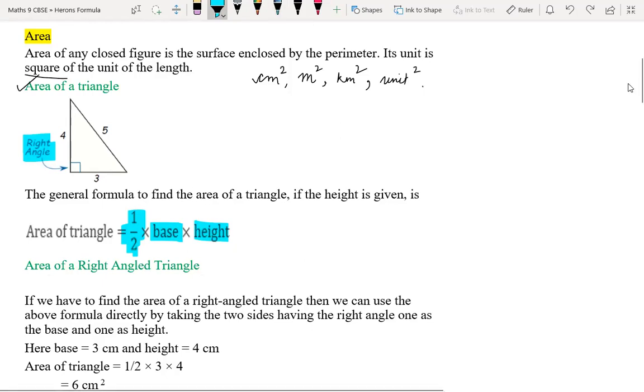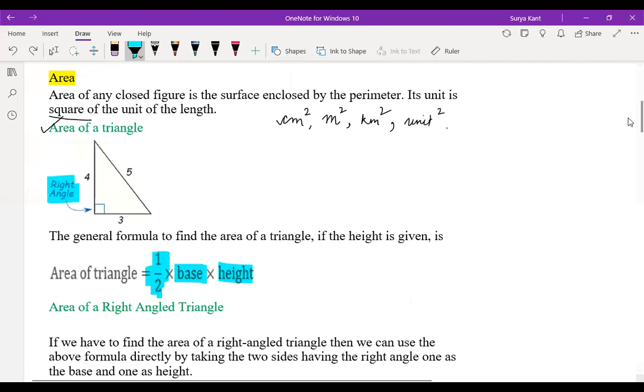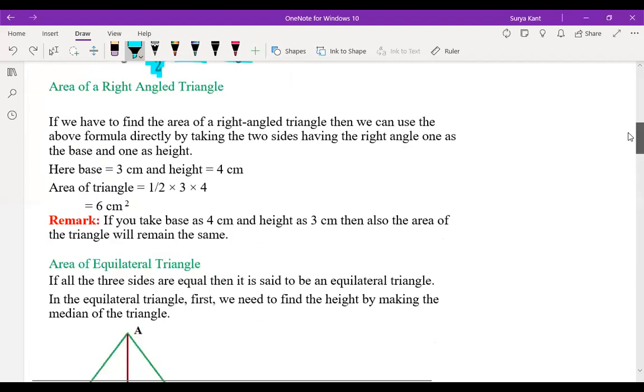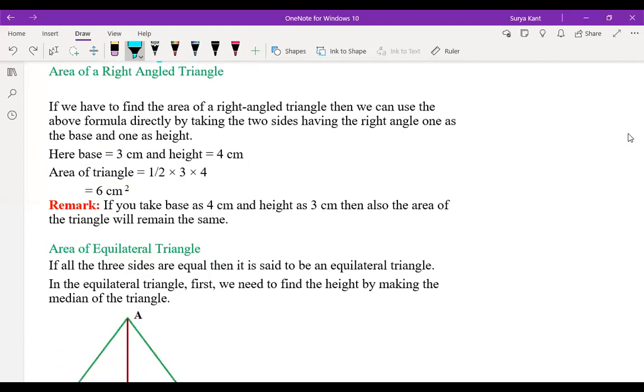So what is mentioned over here? If we have to find the area of a right angle triangle, then we can use the formula directly by taking the two sides having the right angle, one as the base and one as the height.